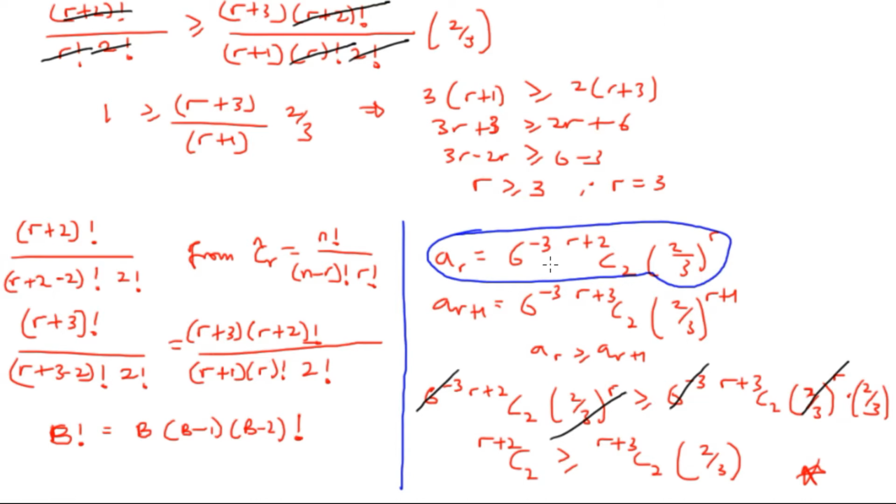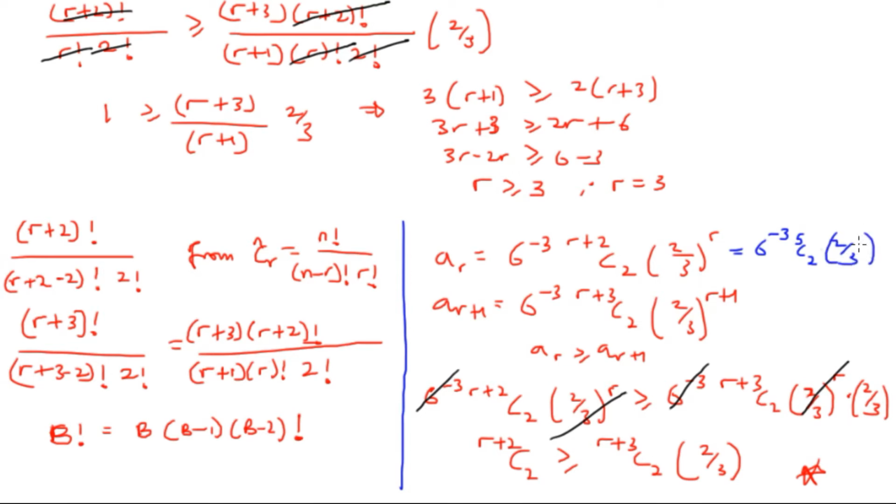Okay, so if I substitute r, which is equal to 3, into ar, I will have 6 raised to power minus 3, 3 plus 2, that's 5, combination 2, dot 2 over 3 raised to power r, and r is given as 3.